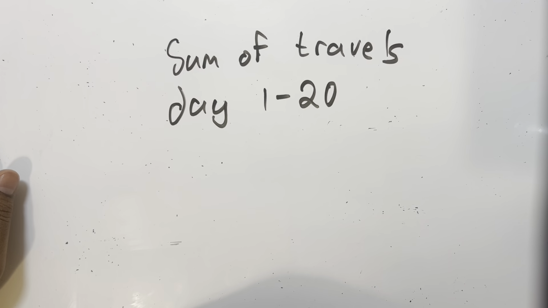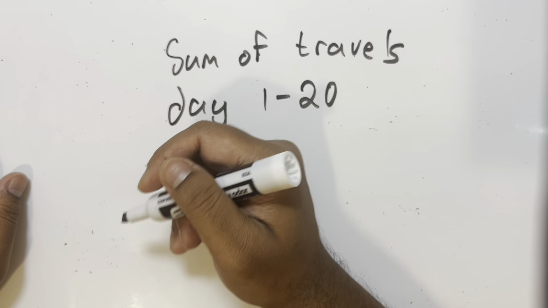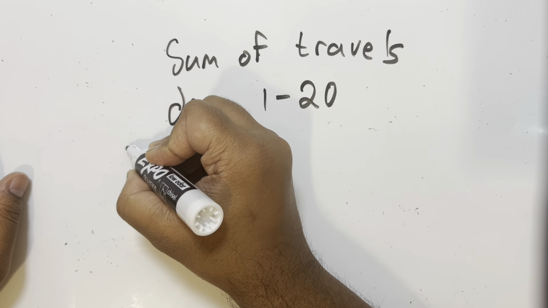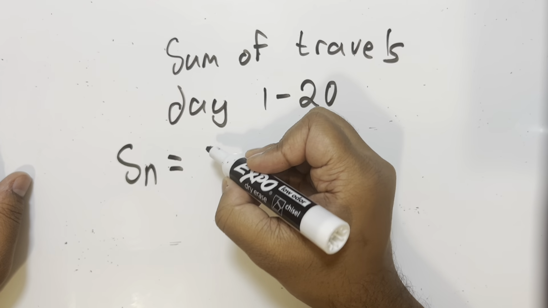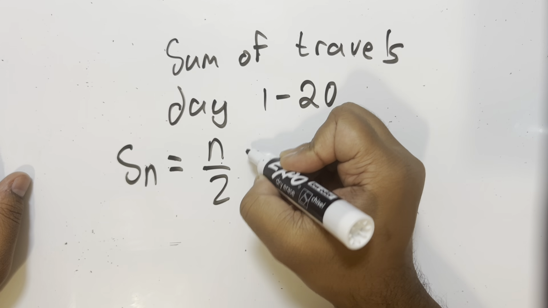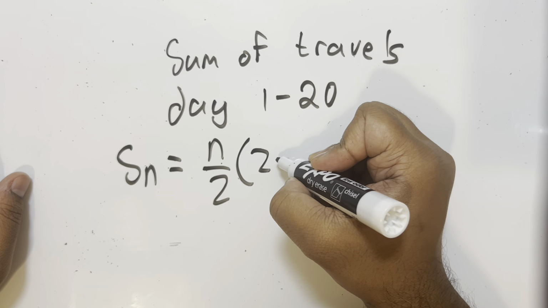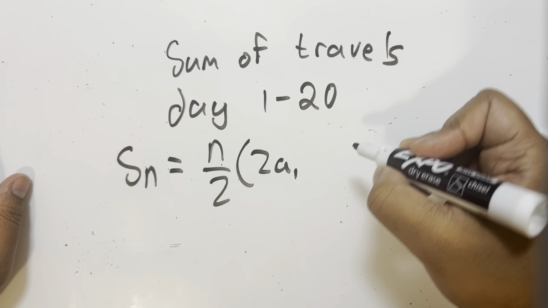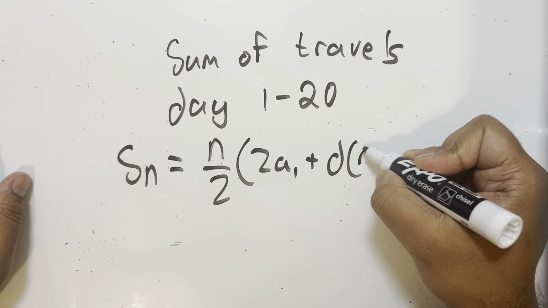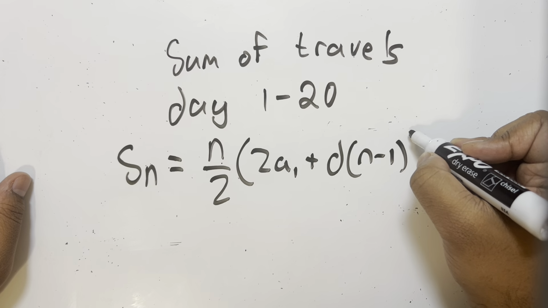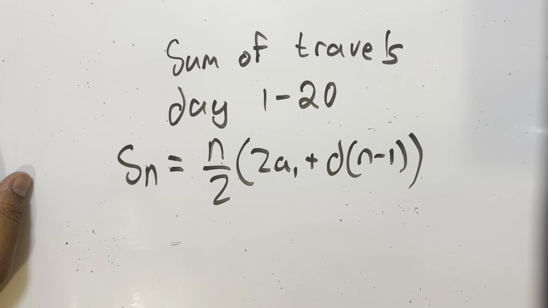So I'm just going to follow the formula. Remember, it's S of n equals n over 2 times A1 plus the common difference times n minus 1, close parentheses, close parentheses.